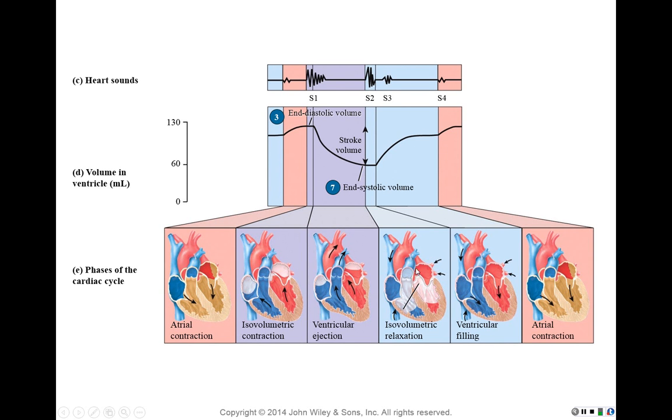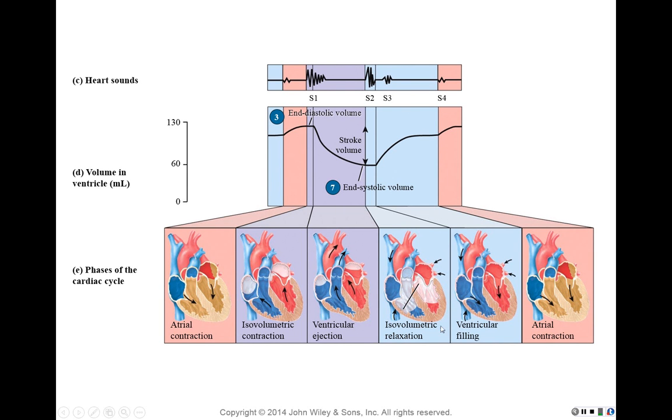For a brief moment in time, all 4 valves are closed. Isovolumetric relaxation. Very quickly thereafter, the AV valves will open up because pressure is going to drop, the muscles relax, the papillary muscles and cords relax, and blood begins to flow passively back in from the atria into the ventricles.